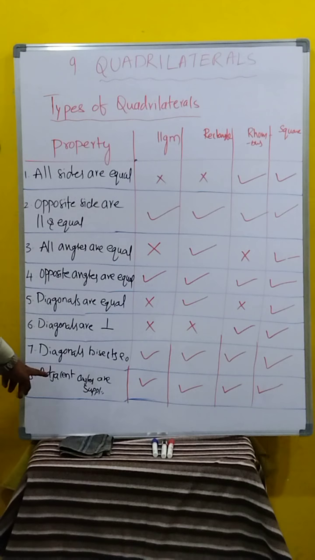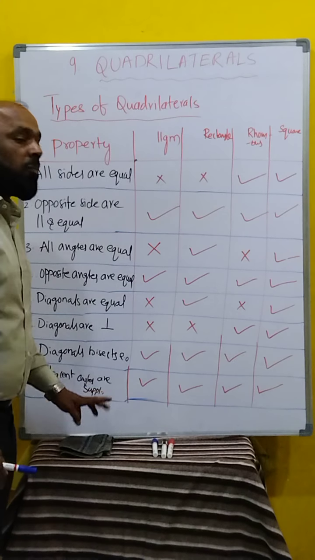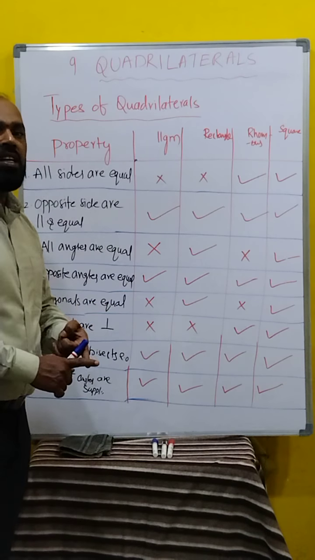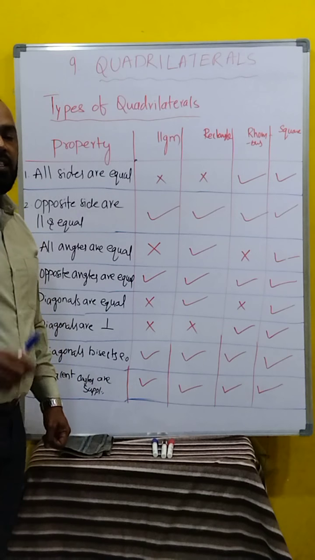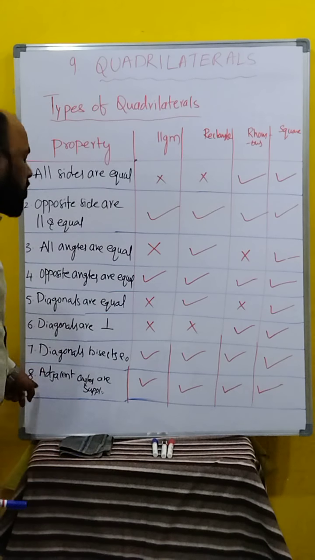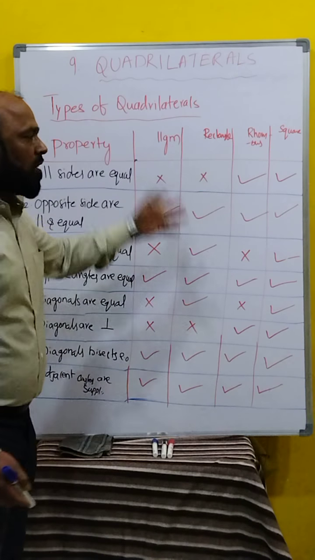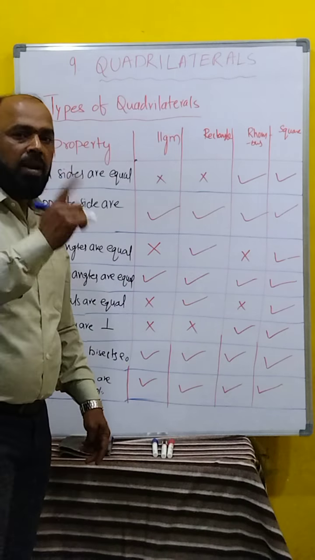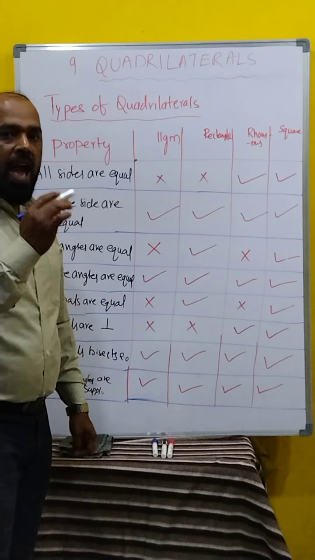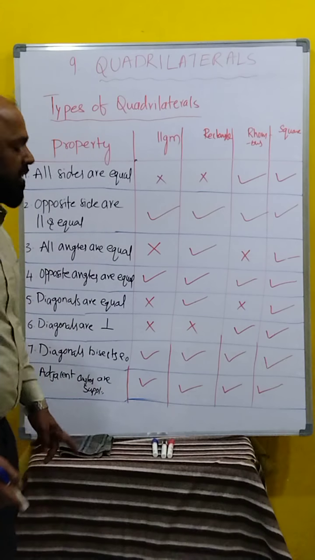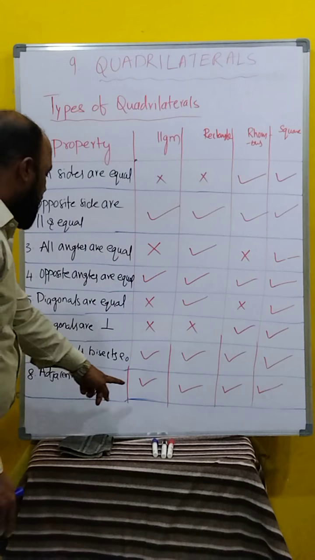Next, last one, adjacent angles are supplementary. Two adjacent angles sum to 180 degrees. Suppose ABCD is a rectangle or parallelogram, whatever. Angle A plus angle B is equal to 180. Angle B plus angle C is equal to 180. Adjacent means beside.